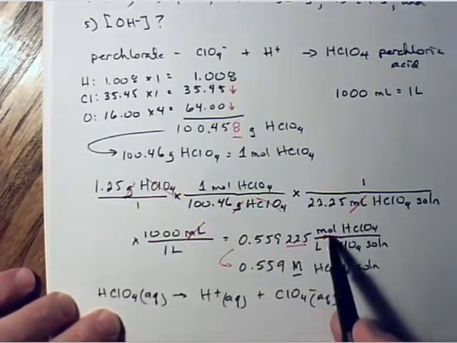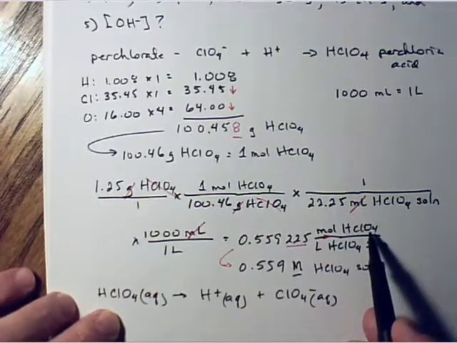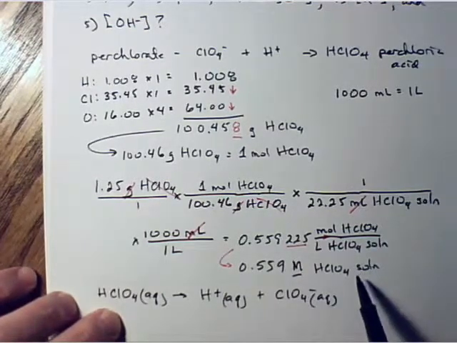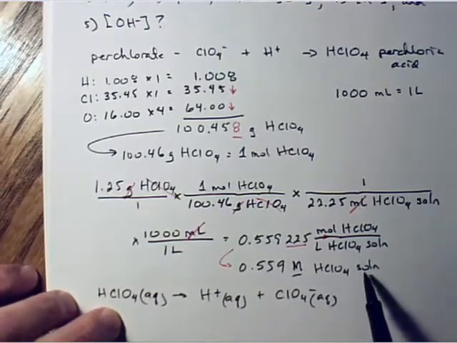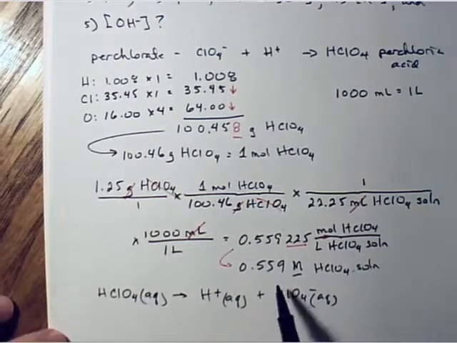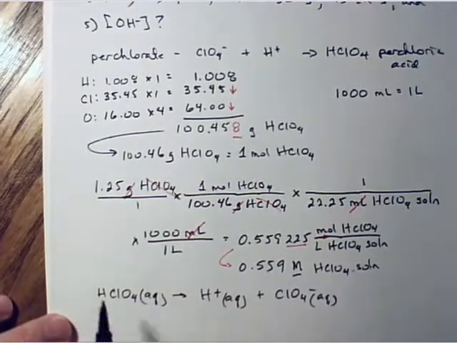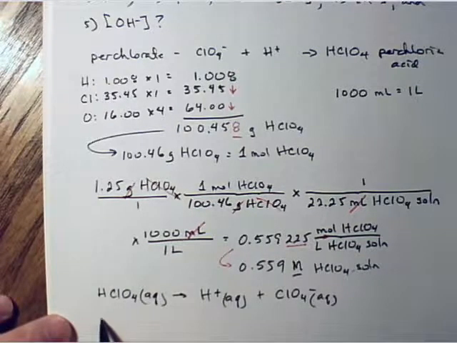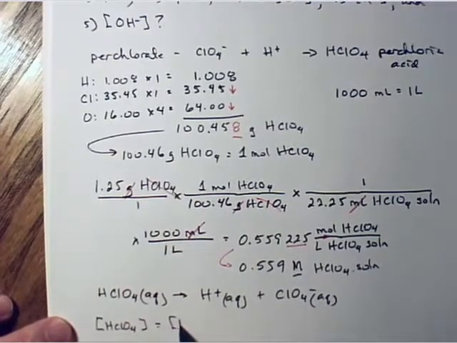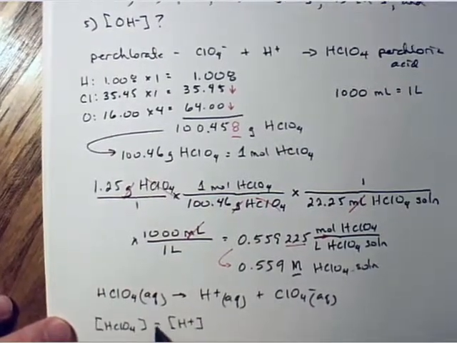And so if I have a mole up here on the top of this, that's the same thing as a mole of this. And so if this is the molar concentration of a strong monoprotic acid, and this only works if it's a strong monoprotic acid, then the molar concentration of HClO4 is also the molar concentration of hydrogen ions.